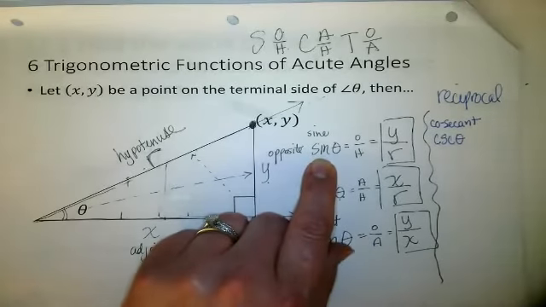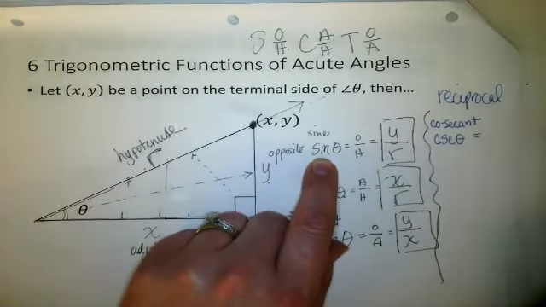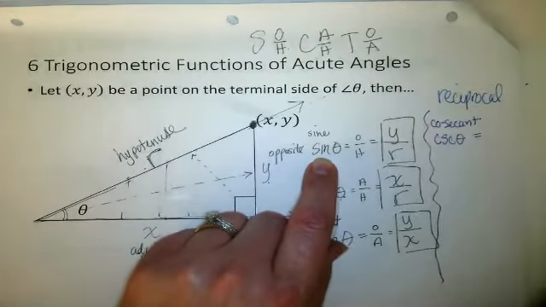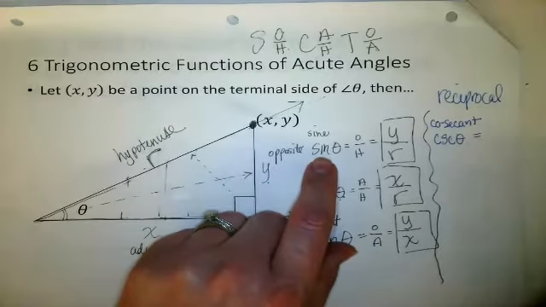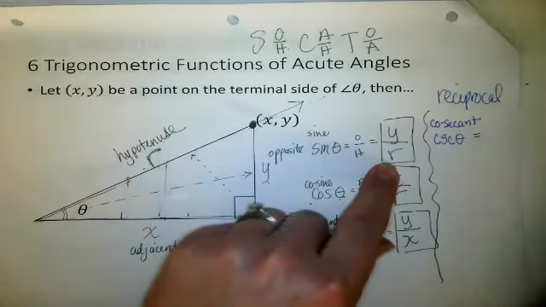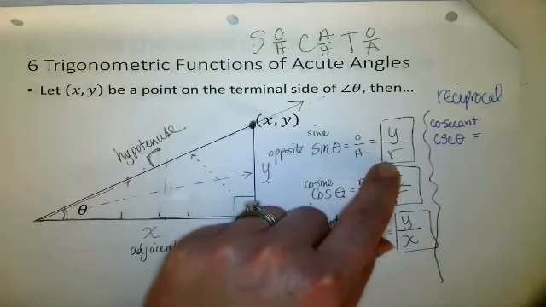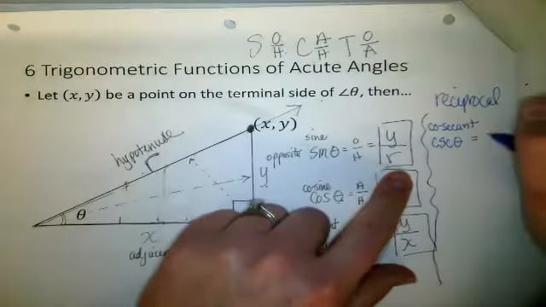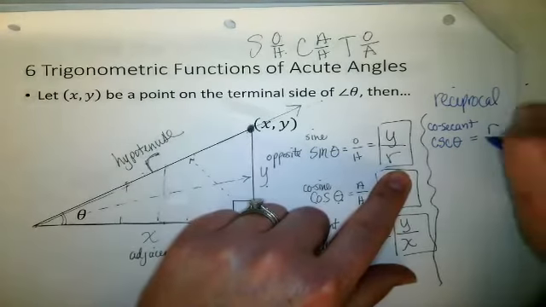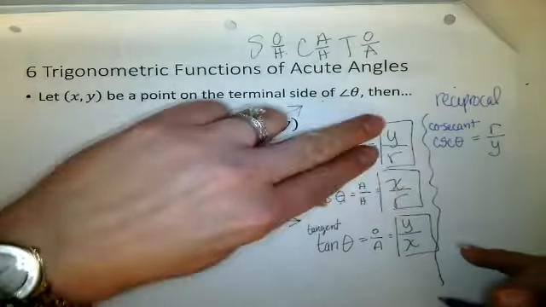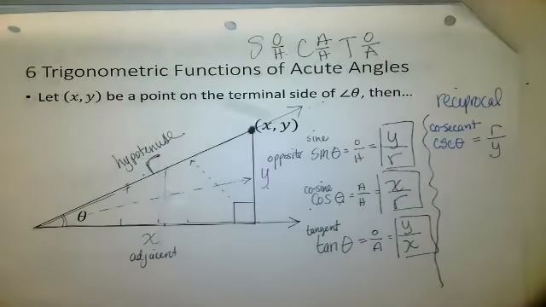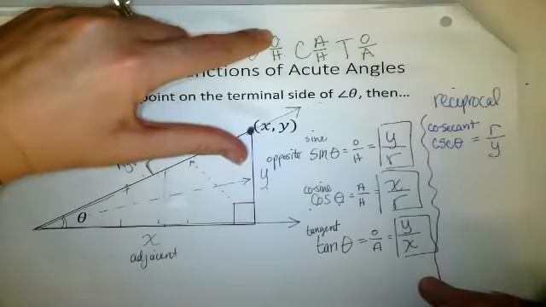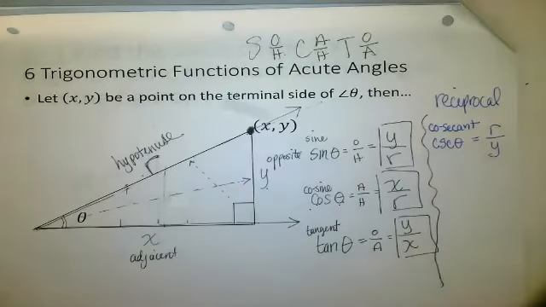Cosecant of theta is just the reciprocal of this ratio. Technically, the definition is 1 over that. But can I just flip the fraction? Yes. So R over Y. So it literally just flips your ratio. So the cosecant ratio would be hypotenuse over opposite. You flip those legs, okay?